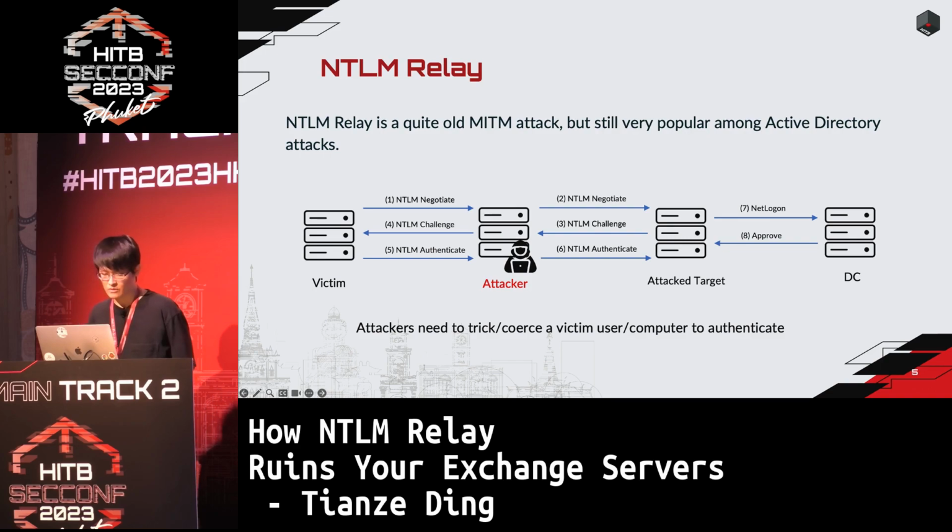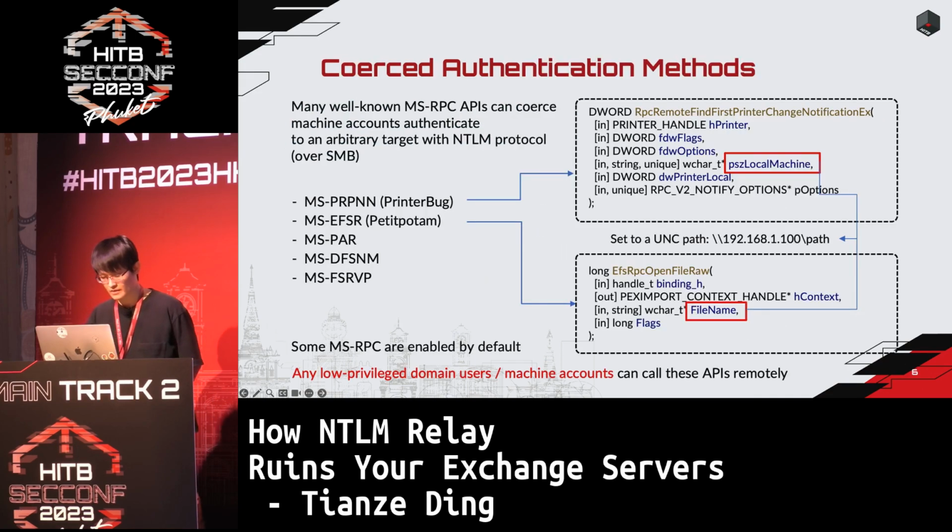But one important thing in this process is the attacker needs to trick or coerce the victim to authenticate to his malicious server. There are many well-known RPC APIs that can coerce remote machine accounts to authenticate to any attacker-controlled target without victim interaction. The most famous RPCs are PrinterBug used by the print service and PetitPotam used by the EFS service.